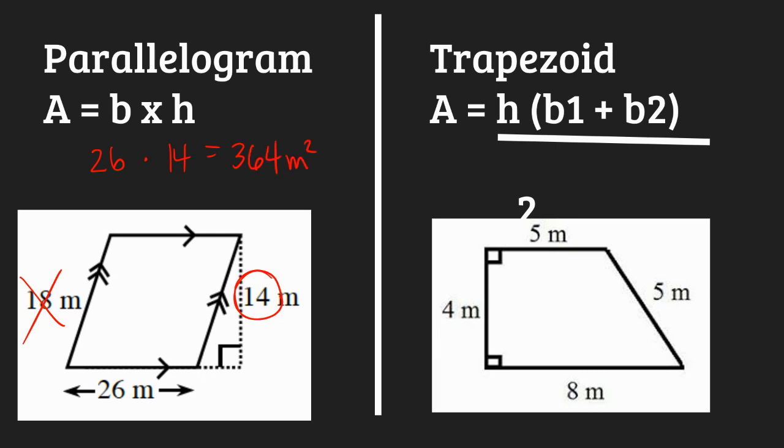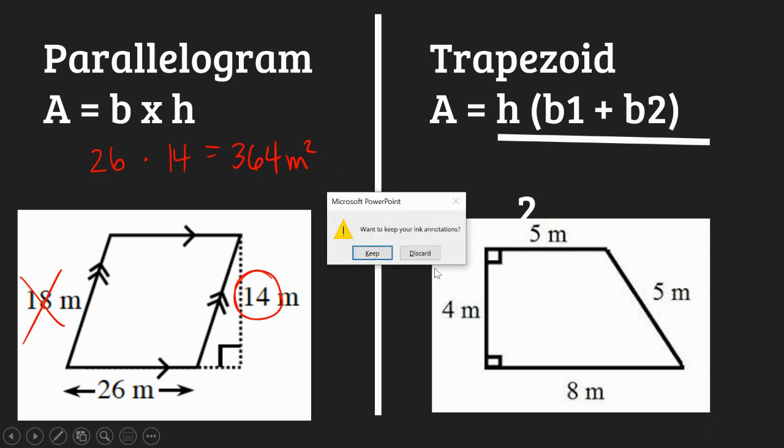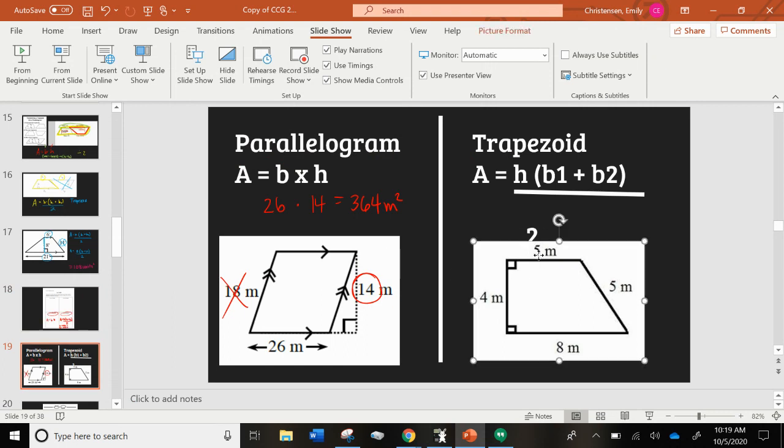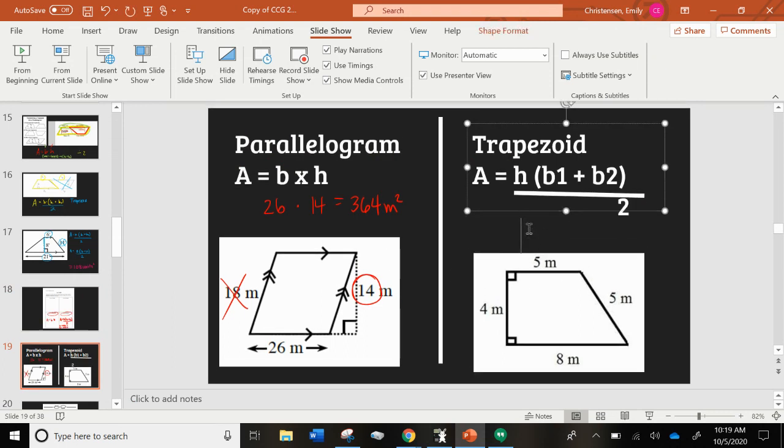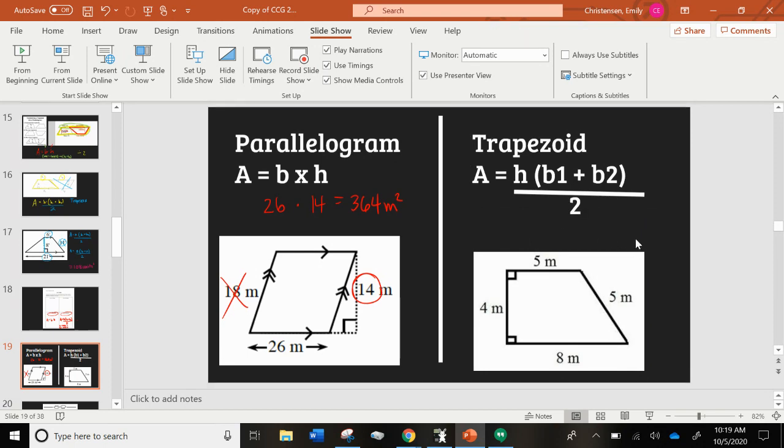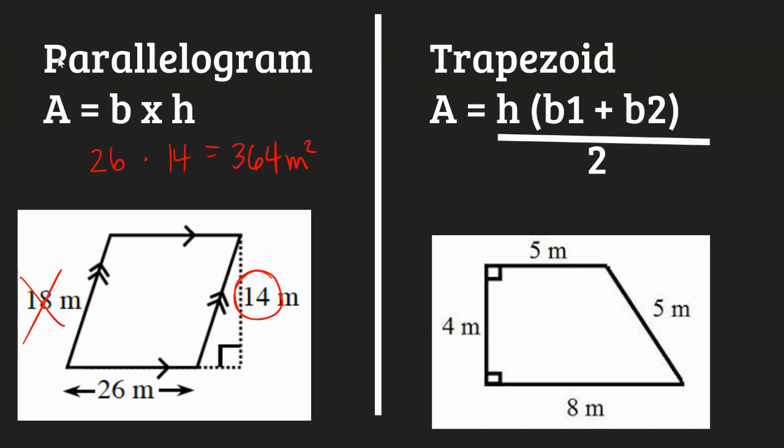And then for this trapezoid, oh, my divide by 2 got pushed around there. There we go. I take my height, the straight up and down side, and then add my 2 bases together and divide by 2. So again, there's a little bit of extra information in there. And make sure you type it in the order that you see it to get your answer.